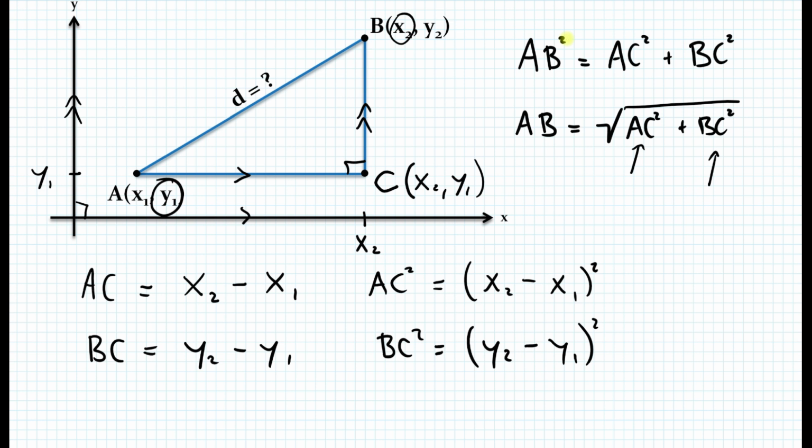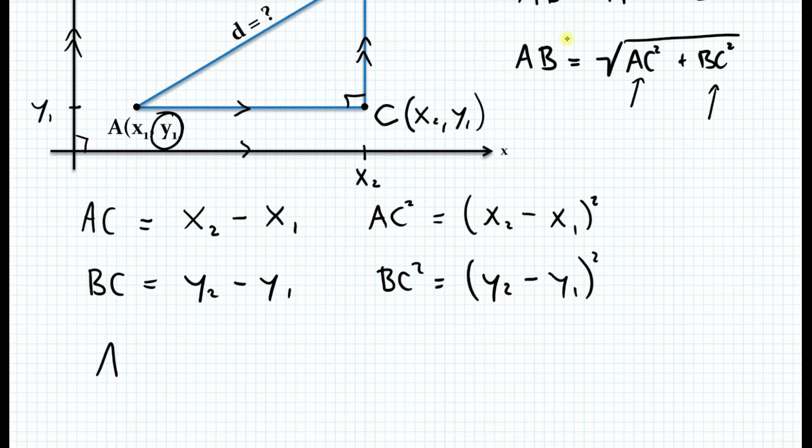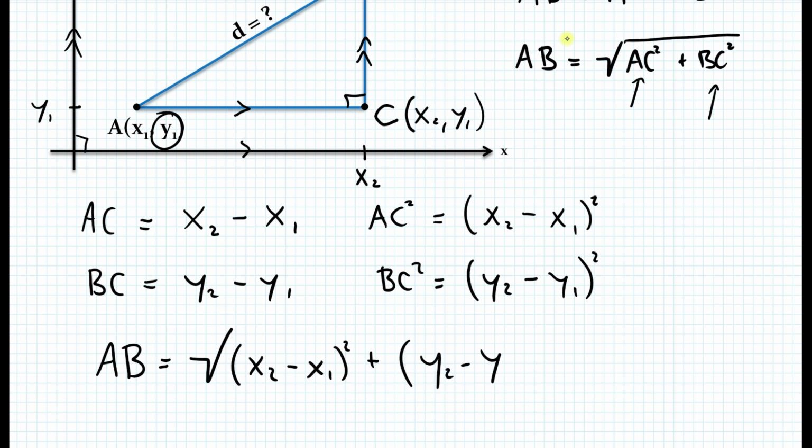So now that we have this, we can finally substitute it into the Pythagorean theorem. So we have AB equal to the square root of AC squared, which is (x2 minus x1) squared, plus (y2 minus y1) squared. And that is exactly the distance formula, okay?